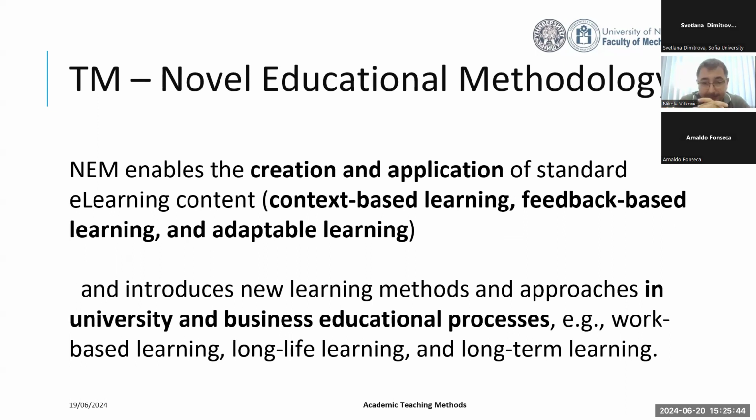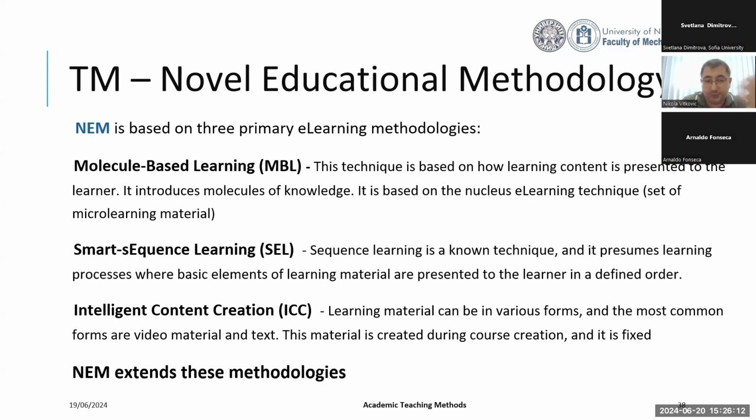What we are using is context-based learning, feedback-based learning, adaptable learning, as we already talked about. And we are a little bit proactive and implement different kinds of learning technologies. So it's like a combination of different things: put everything in a bowl, mix it, and you will get something that is good for all of us and for students, of course.